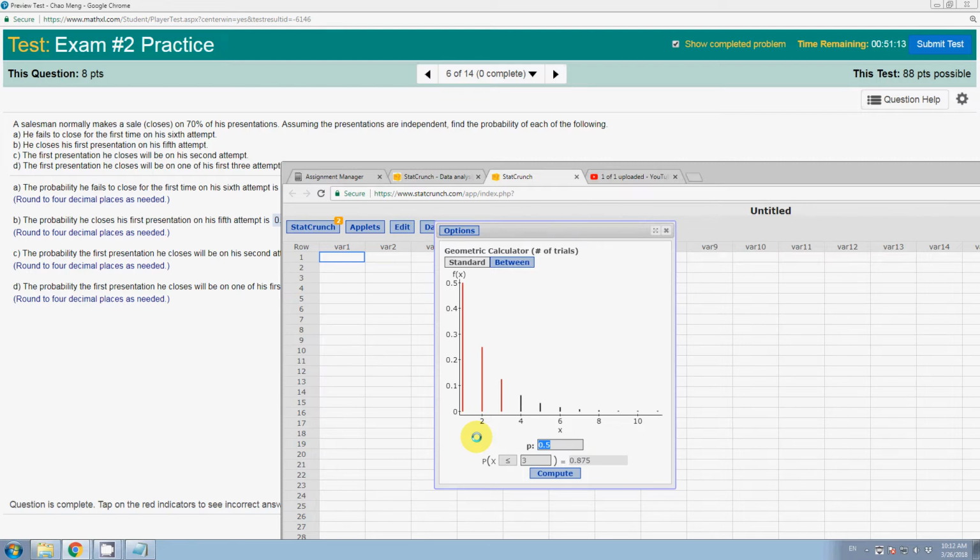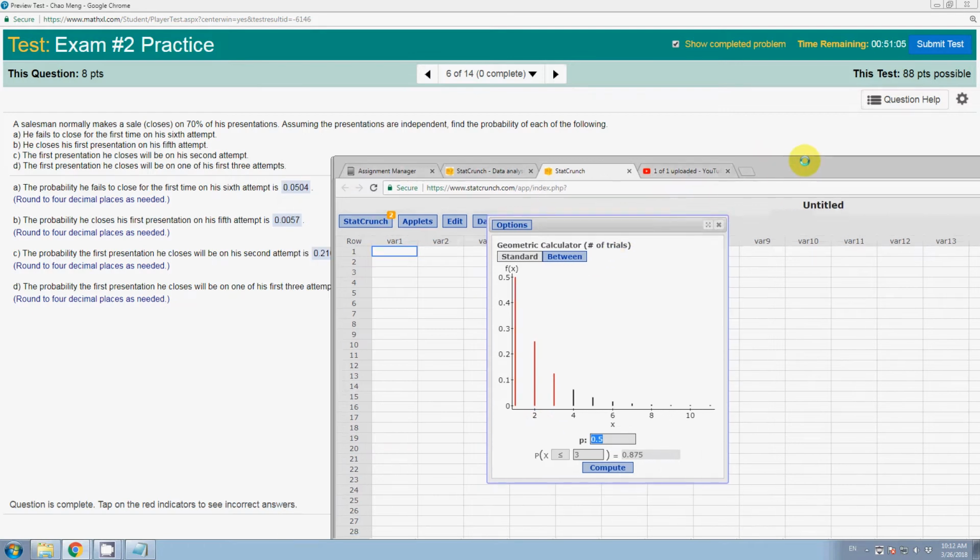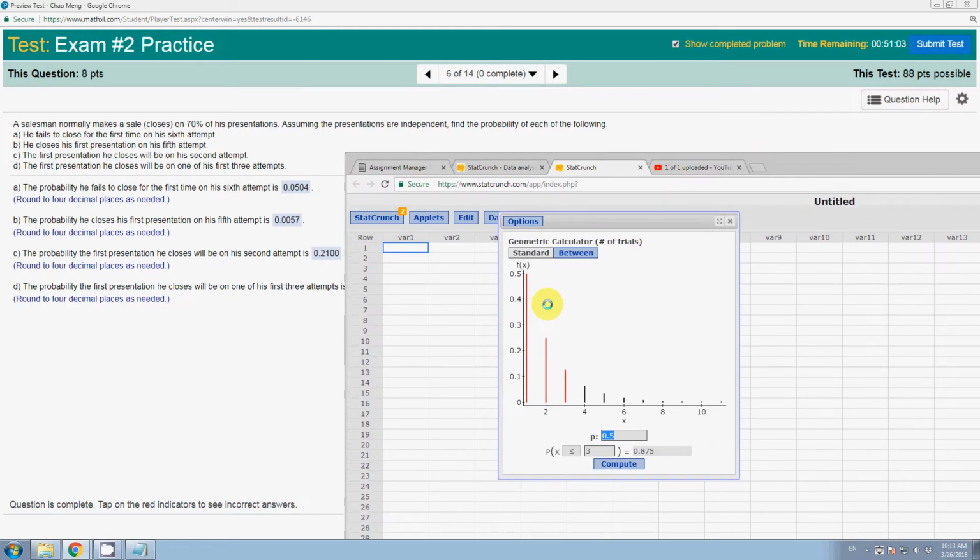Success is the event that we are interested in, or the outcome that we are interested in. So in this part A, we are interested in he fails to close the deal. So that means he fails to close the deal is the success event in this case.